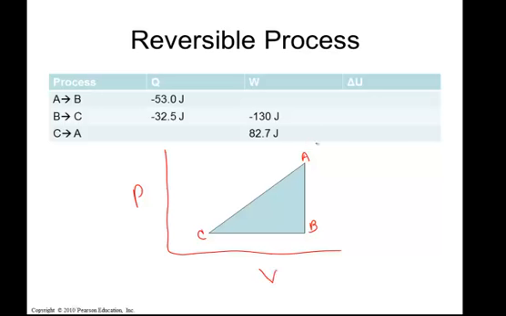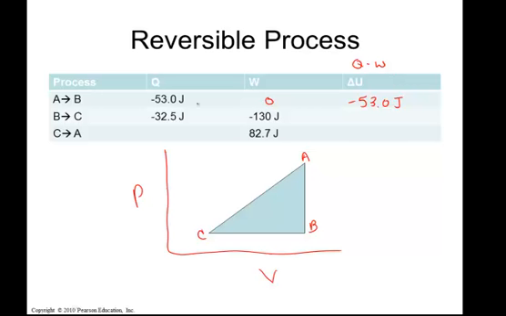Now, to figure out our work, since we have a constant pressure, we're going to do P delta V. Now, if my delta V is 0, then my work is 0, because work is P delta V. So if my work is 0, then I can find delta U, because in order to find delta U, I always do Q minus W. So if Q is negative 53.0 and I subtract 0, I get negative 53.0 joules.